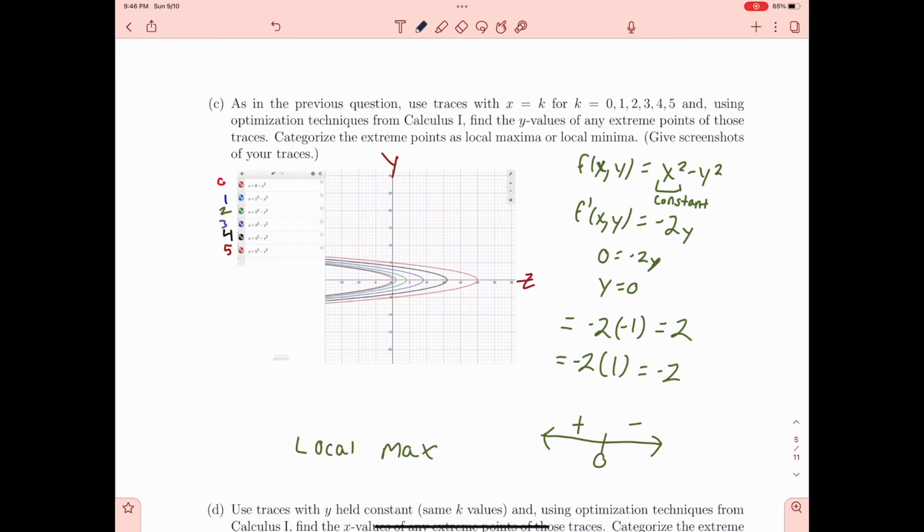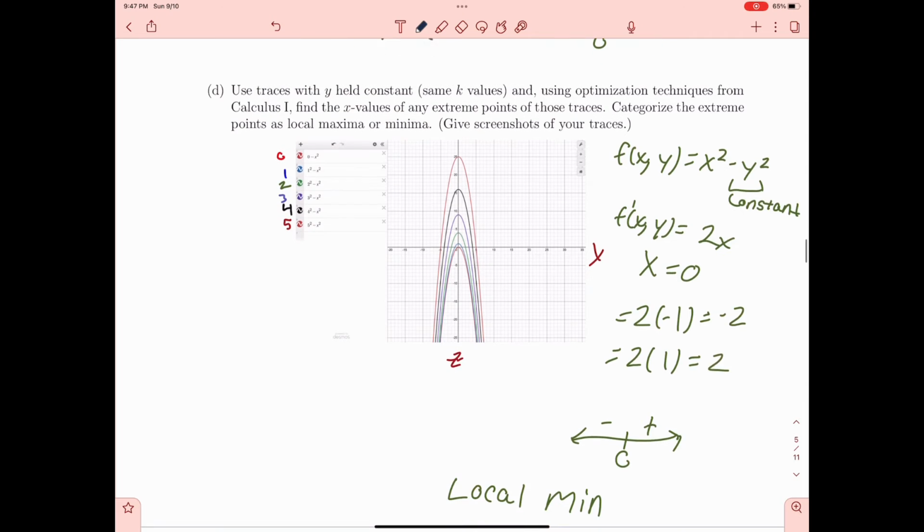So, like we did in the previous problem, we take traces holding x constant, and we take the derivative of the function with respect to y holding x constant. So that gives us y equals 0 once again. So we plug in our value less than and greater than 0 into our derivative function, which was negative 2y.